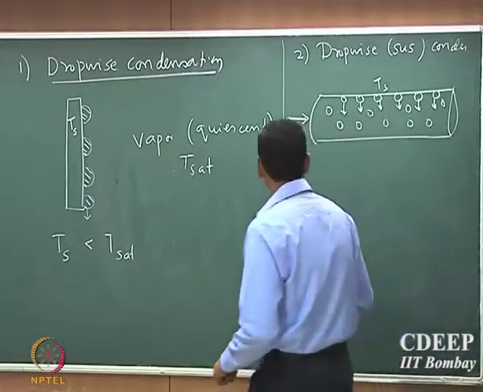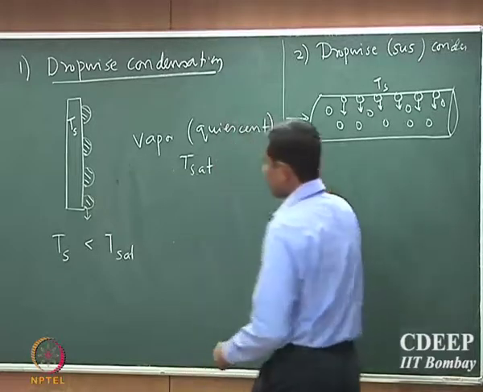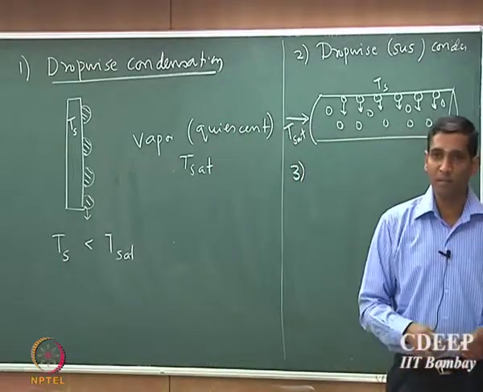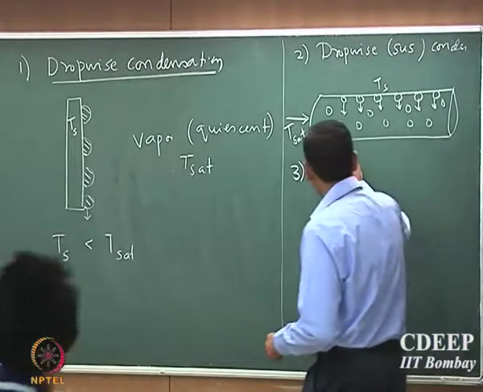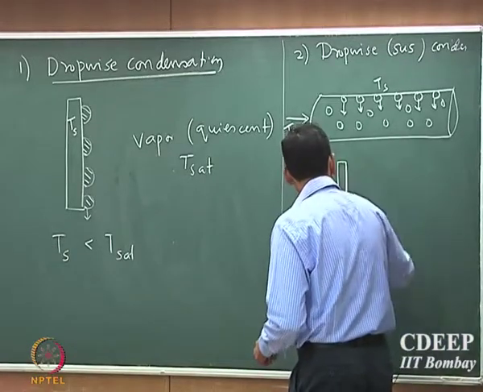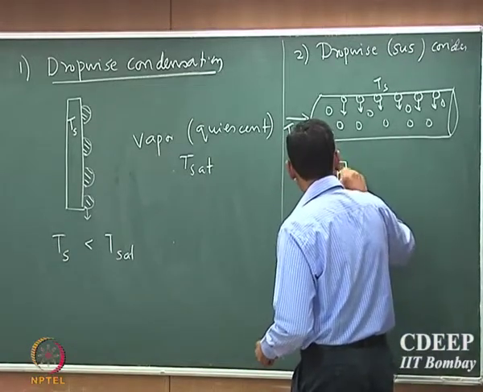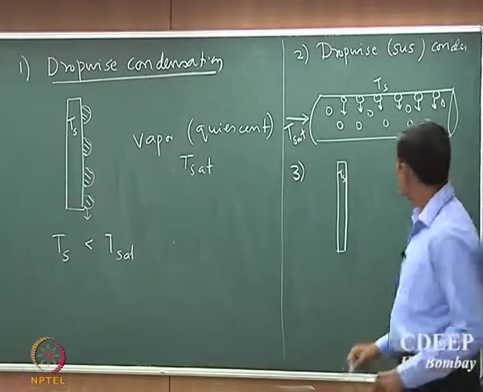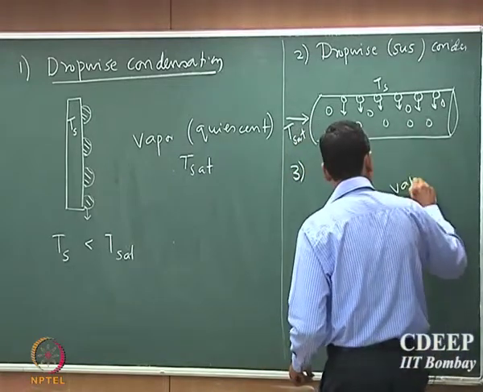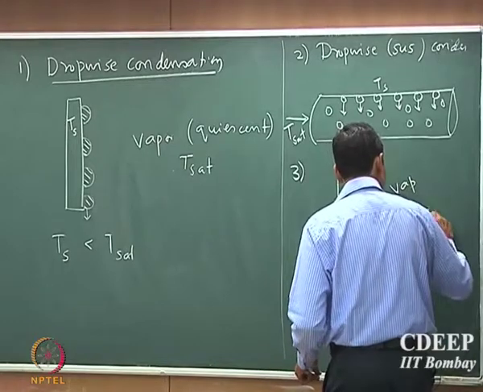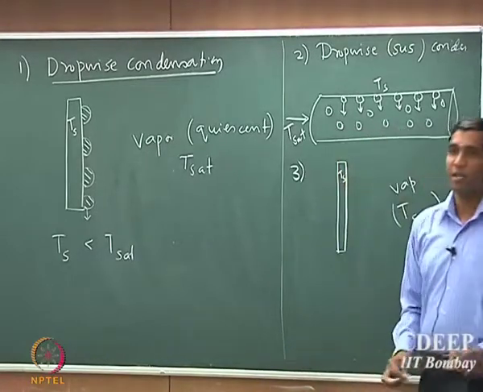And then the third one is where we have the film condensation process. Suppose I have a wall which is at, let us say, temperature Ts, and there is vapor which is maintained at Tsat, the saturation temperature.